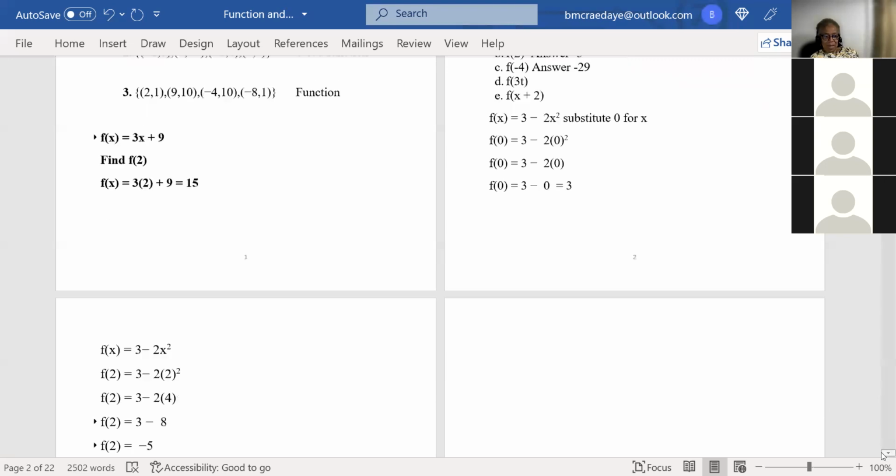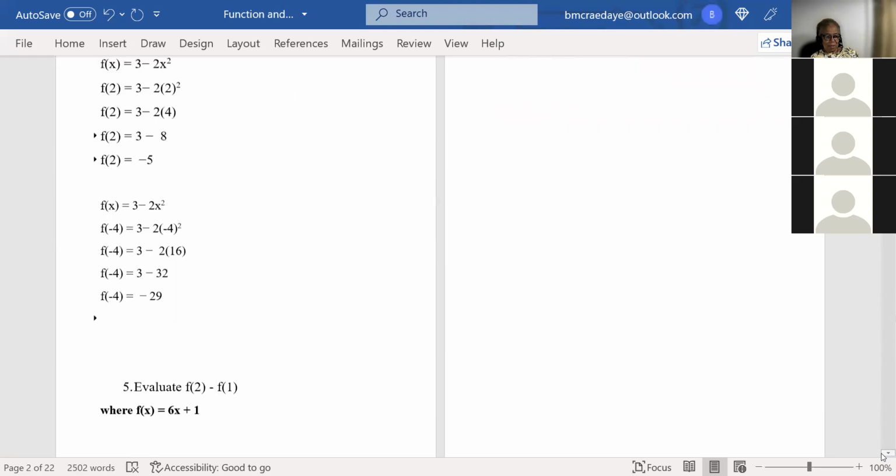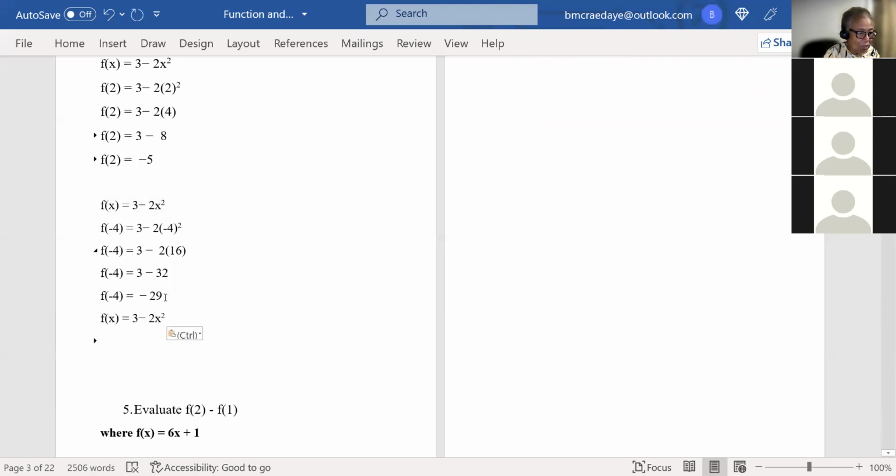Okay, so do that one. I want you to do that one. Copy your function. Wherever you see an X, put a 3T. There you go. Let's just copy the function. Now, F of X. Wherever you see an X, you're going to put the 3T.